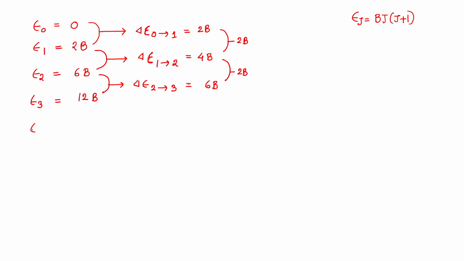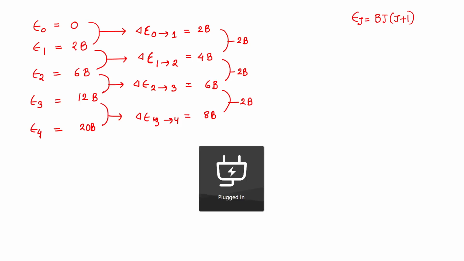So if you see the fourth rotational energy, it is 20B, right? For 3 to 4, the gap is 8B. See, the gap in the rotational spectrum that you are going to get is 2B.